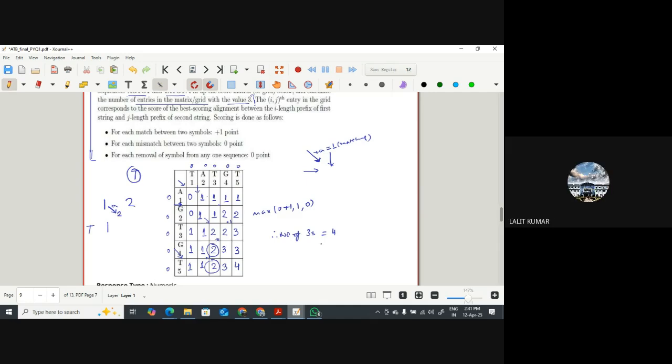Now you take the maximum of this and this, and that's why it becomes 2. Yes, correct. In our last session, I had calculated incorrectly. Any question on this? Anyone?